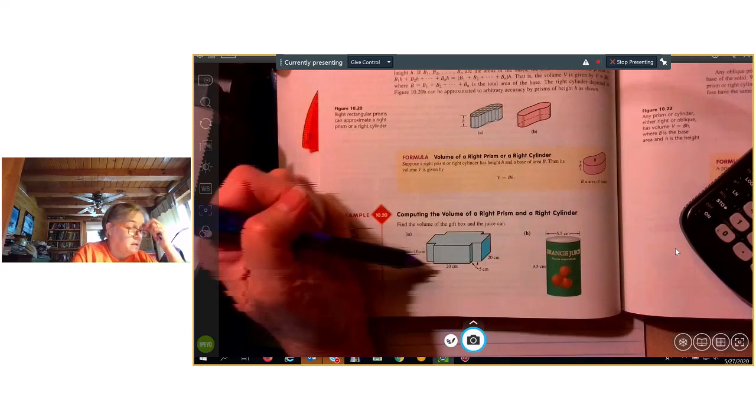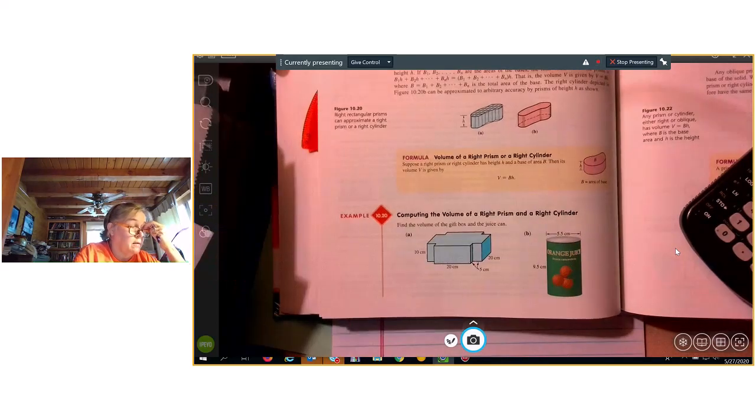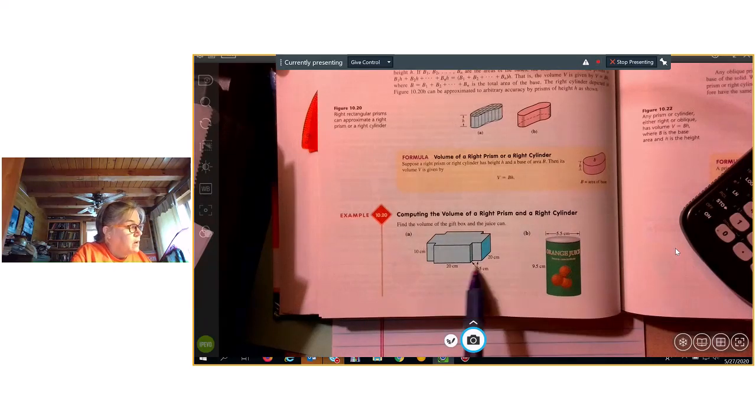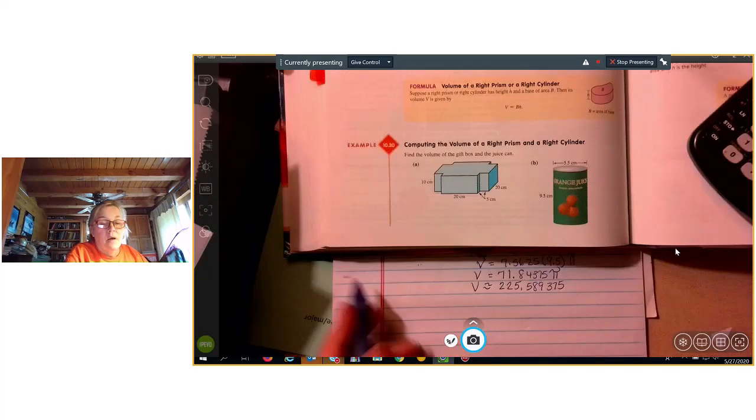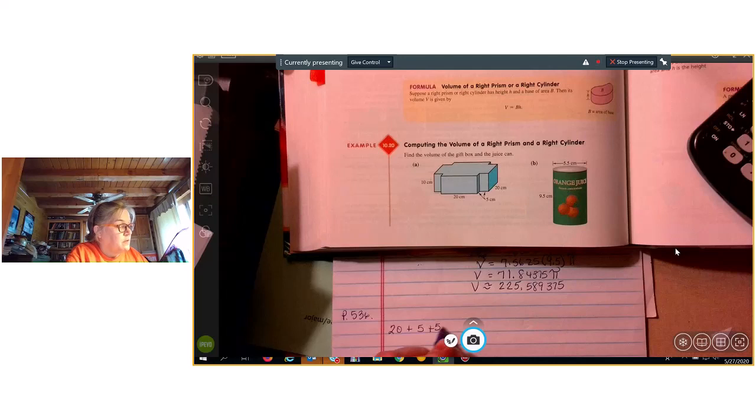So first, we know that we've got a rectangle. This is 20. Well, if this is 5 here and this is 5 here, then I know that my total is going to be the 20 plus 5 plus 5. So it's going to equal 30 centimeters.